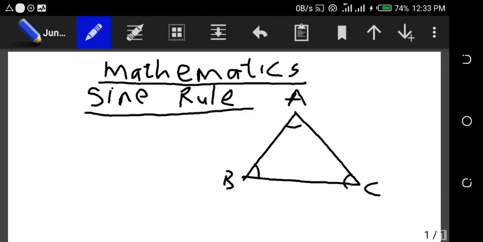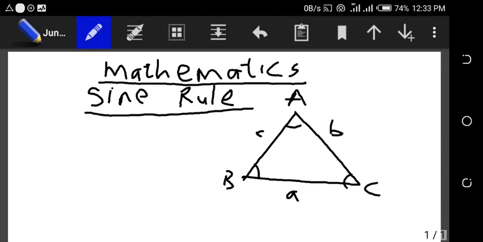For the capital letter A, standing for the angle, the side facing that angle has the small letter a. Then for angle B, the side facing angle B has small letter b, while for angle C, the side facing angle C has small letter c.